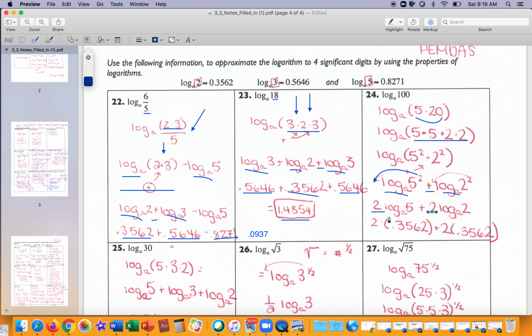And now we know that log base A of 5 is 0.8271, right? Okay, so this is not right. Okay, so log base A of 5. Sorry, I made a mistake.